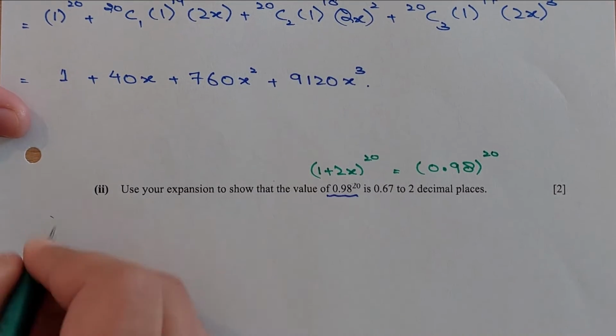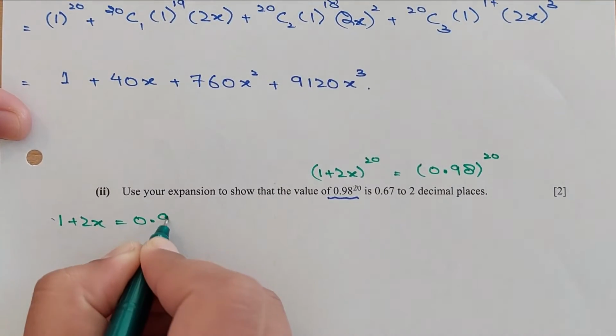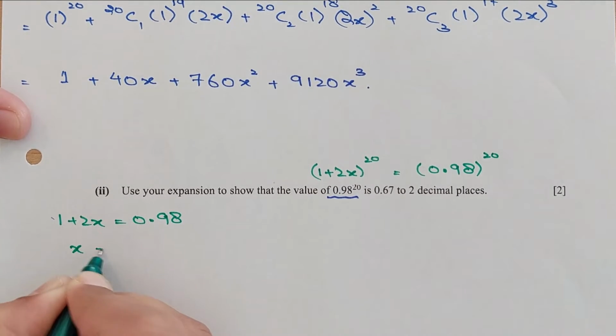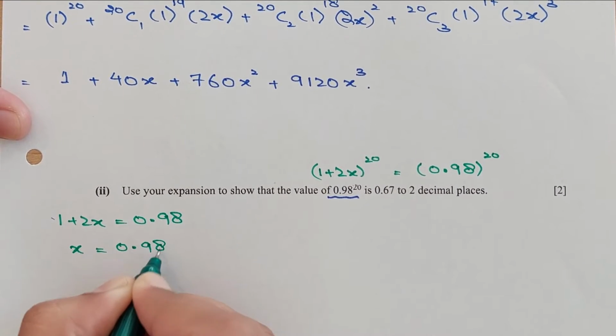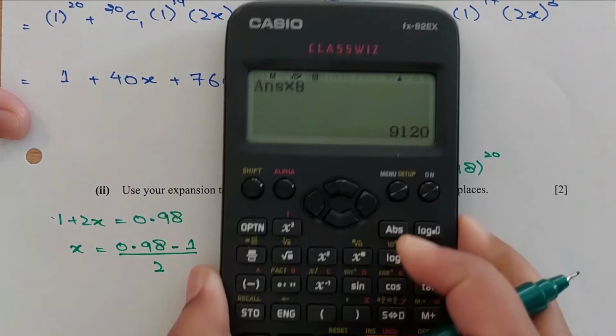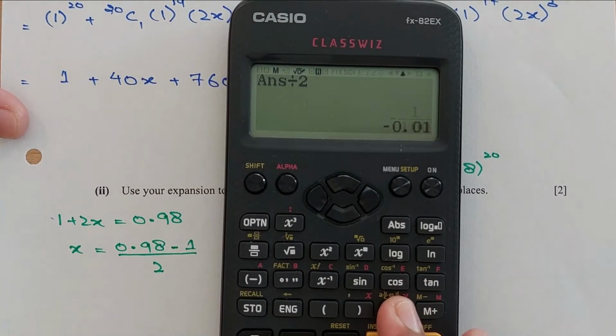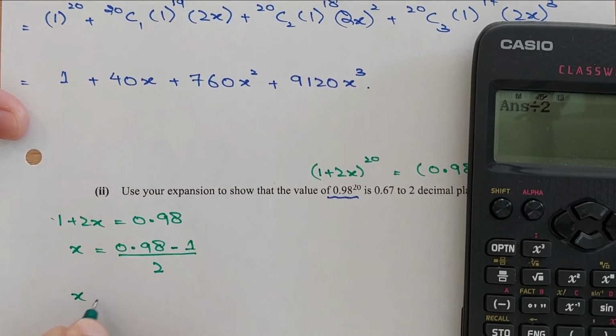Comparing the bases, we can say 1 plus 2x is equal to 0.98. So what is x? x is equal to 0.98, subtracting 1 and then dividing by 2. 0.98 minus 1 divided by 2 is minus 0.01. So the x value is negative 0.01, right?